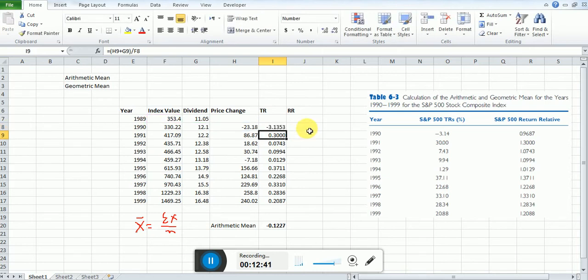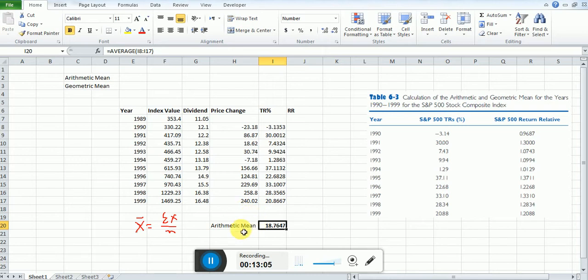If you drag it down, now we have return. So how much is the total return in the form of percentage? That is 18.7647.